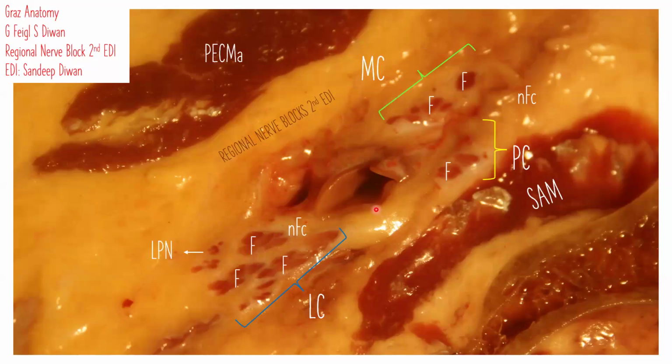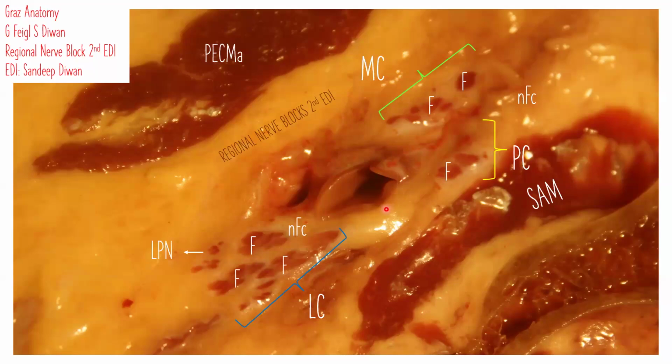We target the artery and just posterior to the artery, where there's a layer of fat. You can see the layer of fat. When you start injecting local anesthetic here, everybody finds that the drug spreads in what you call a donut sign or a U-shaped pattern, which you will always visualize.